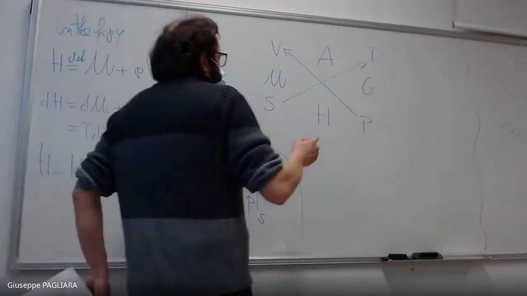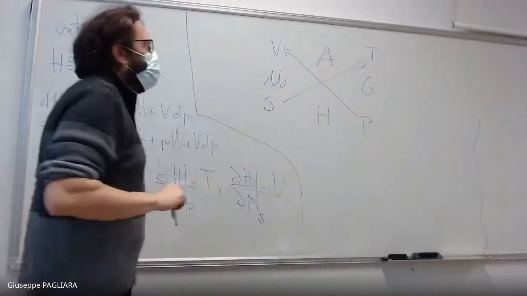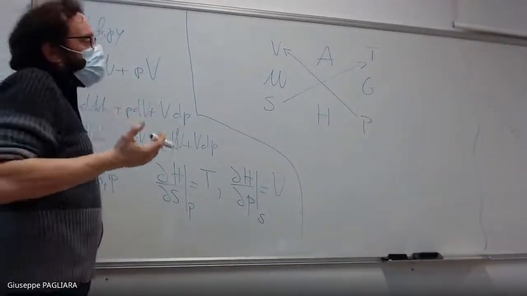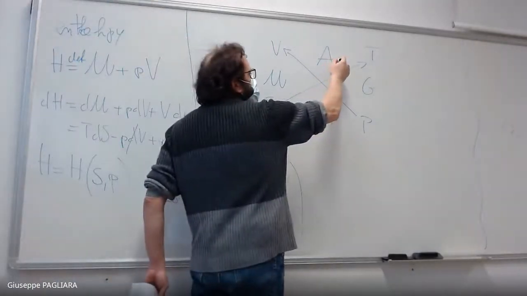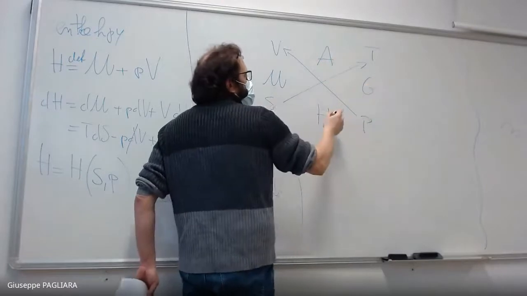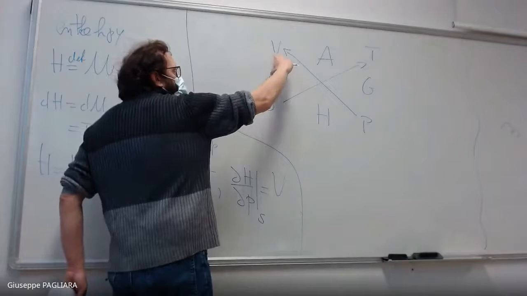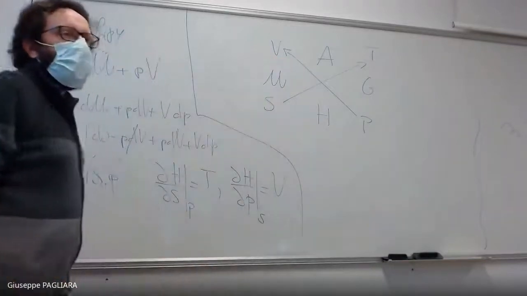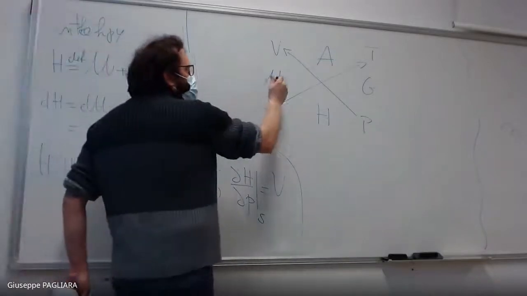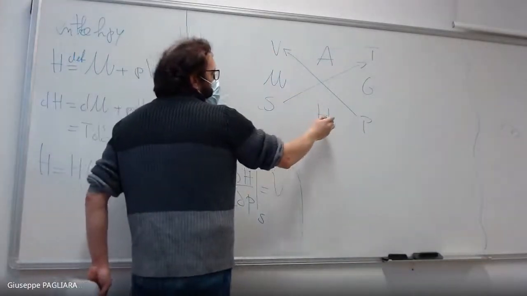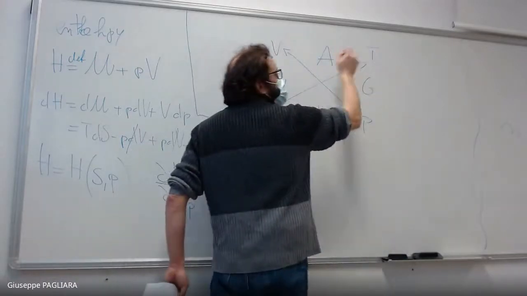How? The rules are the following. Here we have the four potentials we have introduced: the Helmholtz free energy, Gibbs free energy, enthalpy and internal energy. The two closest other variables are the independent variables on which they depend. So U depends on V and S, H depends on S and P, G depends on P and T, and A depends on V and T.